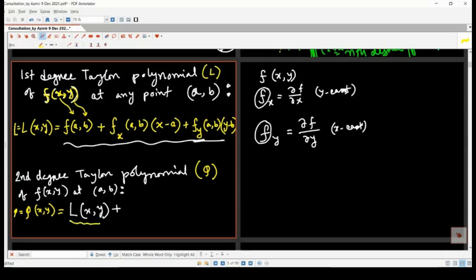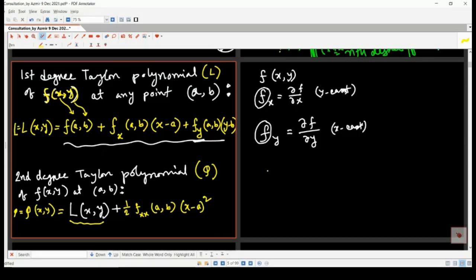So all this will come here, plus 1 over 2 f sub xx of a comma b x minus a squared. So 1 over 2 times f sub xx of a comma b times x minus a squared.